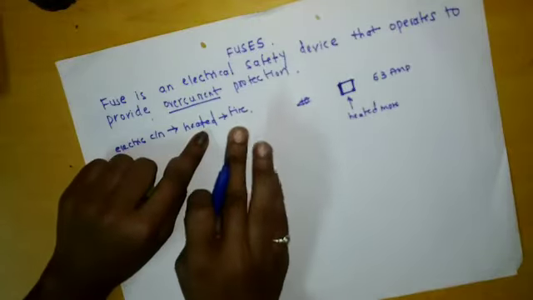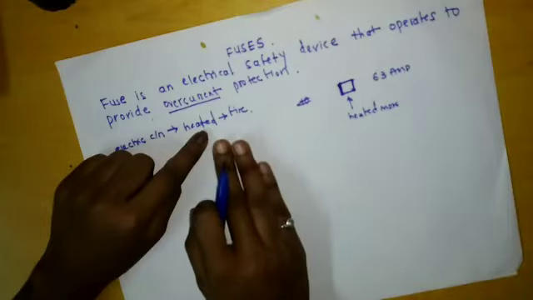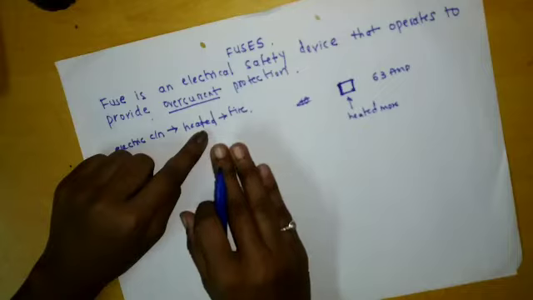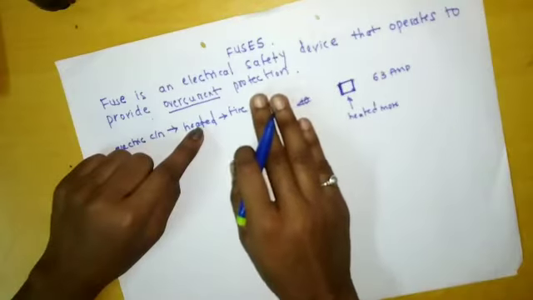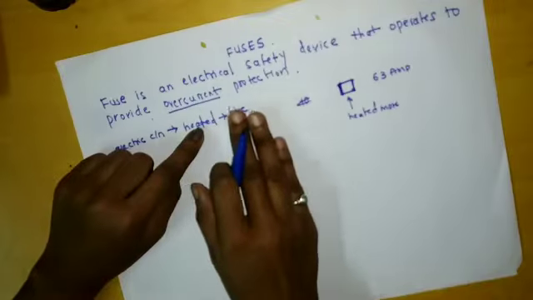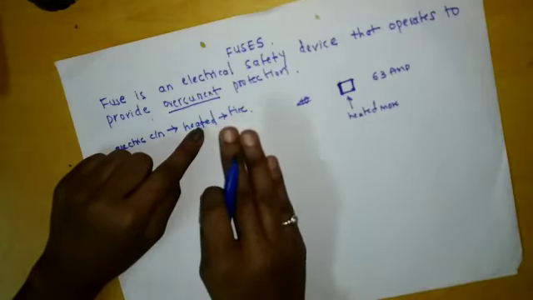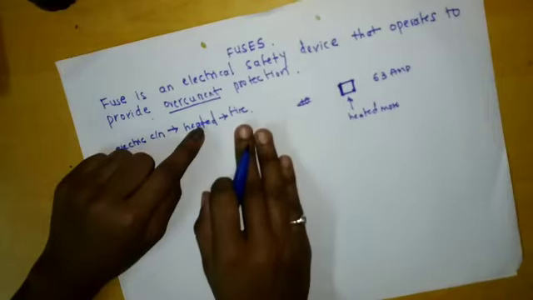Okay, so shortly we can say that fuse is a device used to prevent the overheating due to excessive current. So fuse is used to protect the insulation of wire or machine or appliance from overheating and damage.